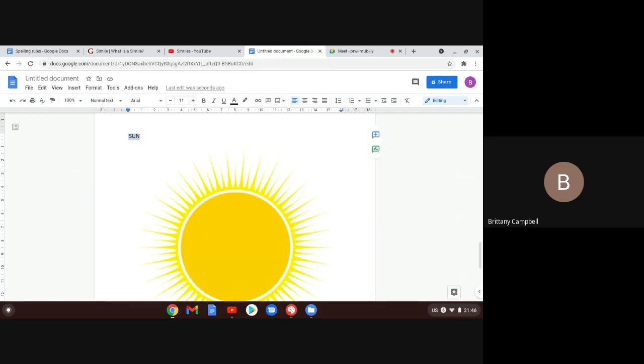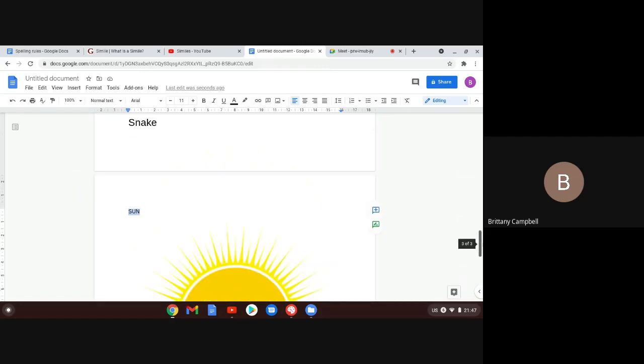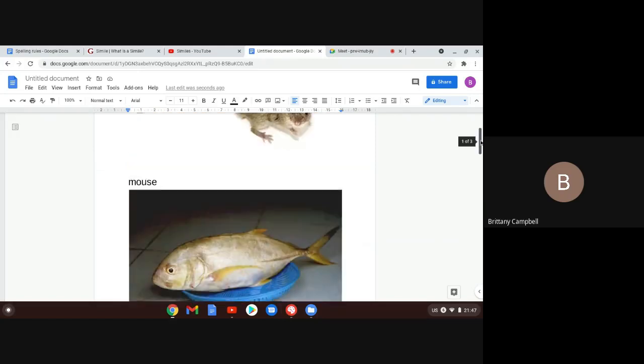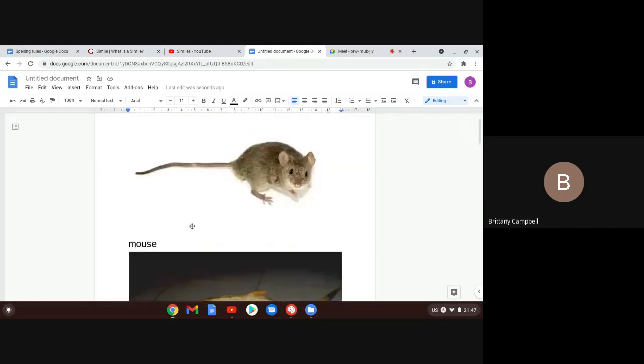So what I want for you to do, you're going to now think of a word to describe each item. So think of a possible word to describe each item. So with the mouse, what word would you want to use?